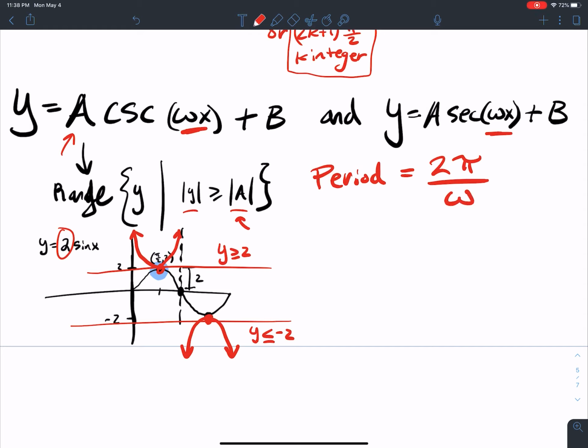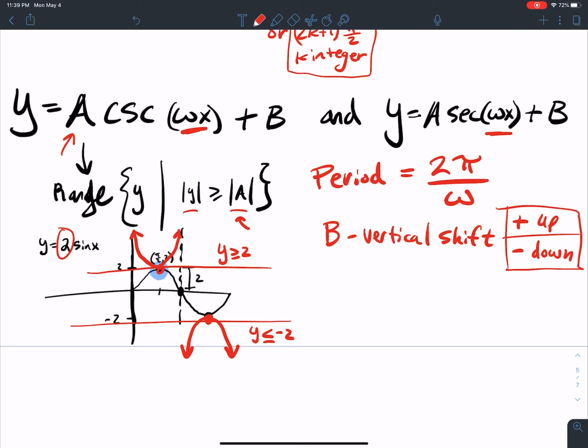So that horizontal compression by a factor of omega, that's where that dividing by the omega comes into play. Now the b is a vertical shift. Positive is up, negative is down.